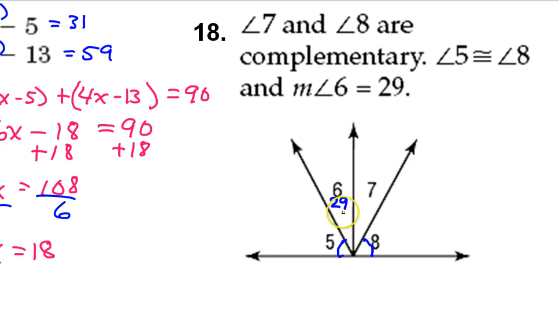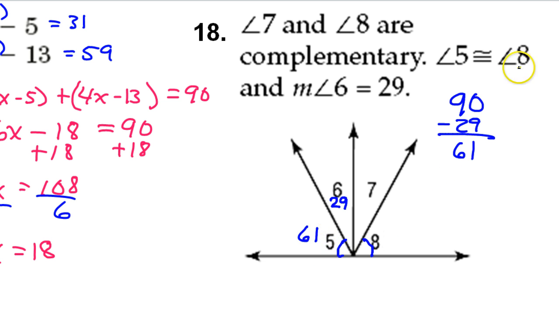Well, if this is 29, complementary means that these add up to 90. So the first thing I'm going to do is go 90 minus 29 and figure out what angle 5 is. So what's that? 61. Alright, so the measure of angle 5 is 61.